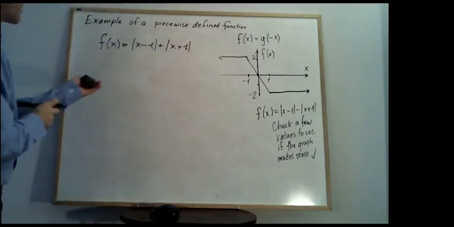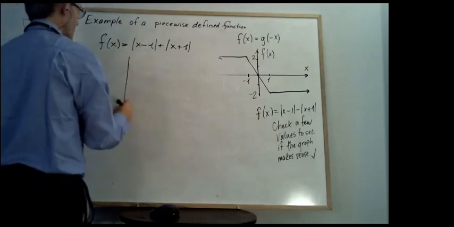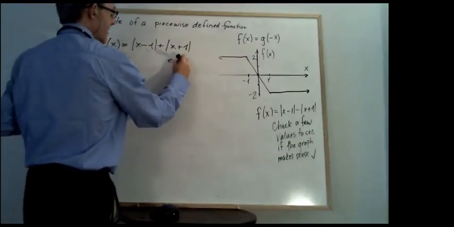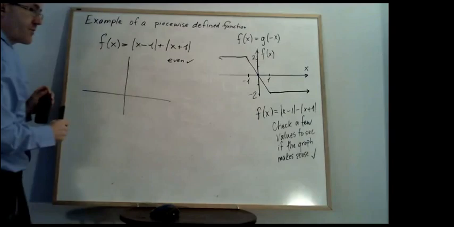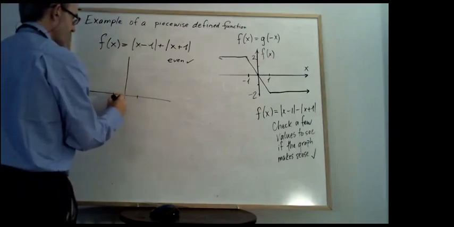Okay, well then what happens? Well, you might expect this to be now an even function. And it actually will be an even function. So now you can verify this.